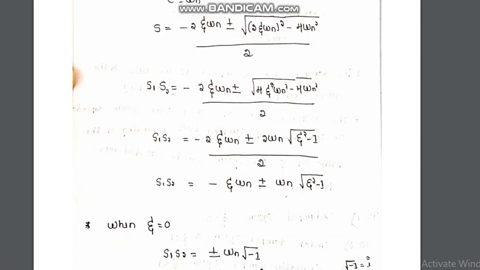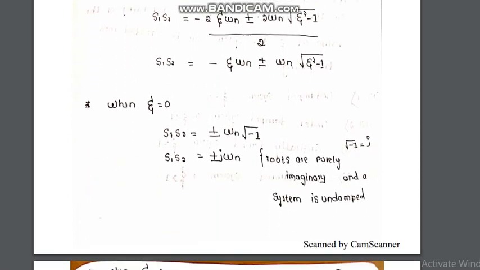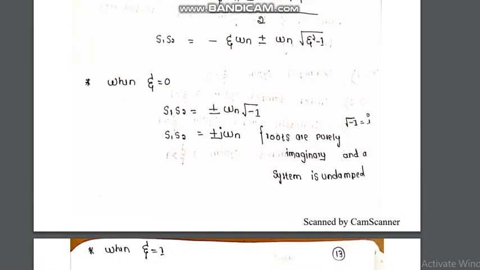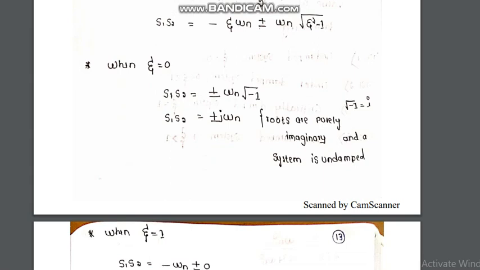Now for different values of zeta, we'll find the roots. We'll see what values of s1 and s2 we'll get for the second order system. First, we'll substitute zeta equal to 0 for the undamped system. If you substitute zeta equal to 0 in this equation, then we'll get s1 comma s2 is equal to plus or minus omega n square root of minus 1.